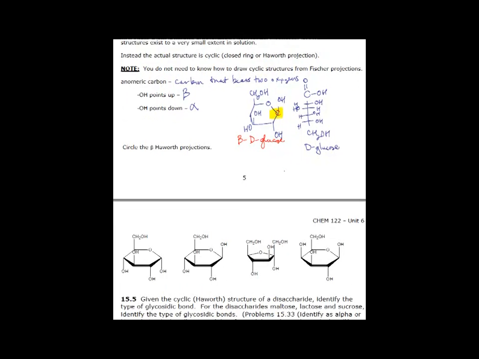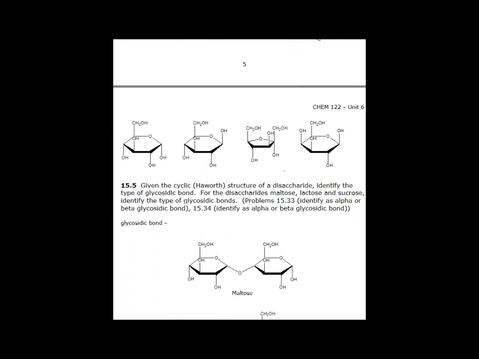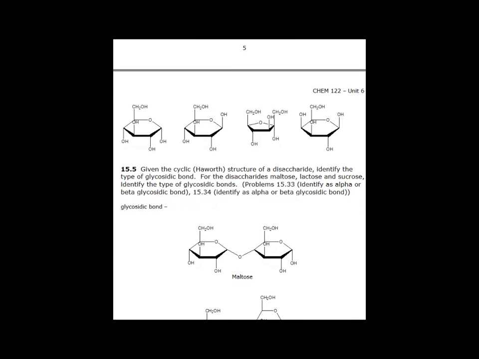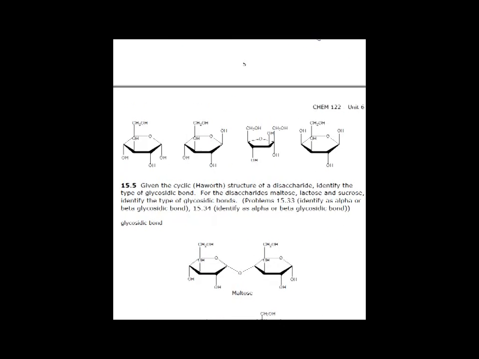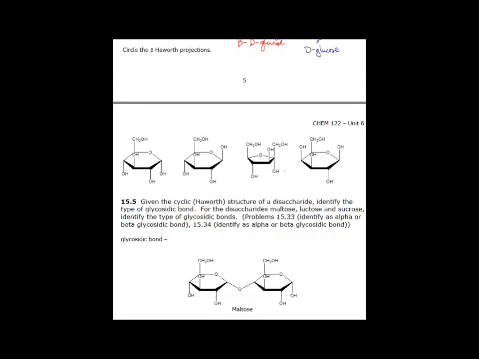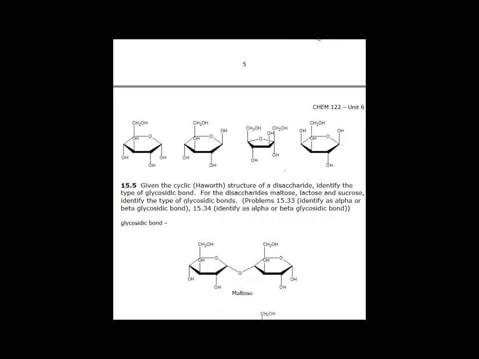On the next page, I have some examples of alpha and beta Haworth projections, and I want you to circle the beta Haworth projections. The first step is to identify the anomeric carbon. The anomeric carbon, remember, is the carbon bearing two oxygens.